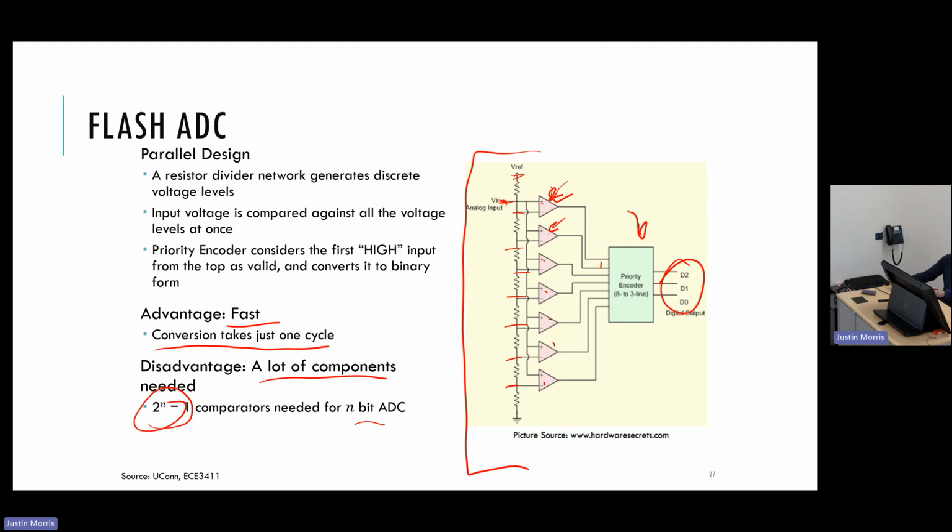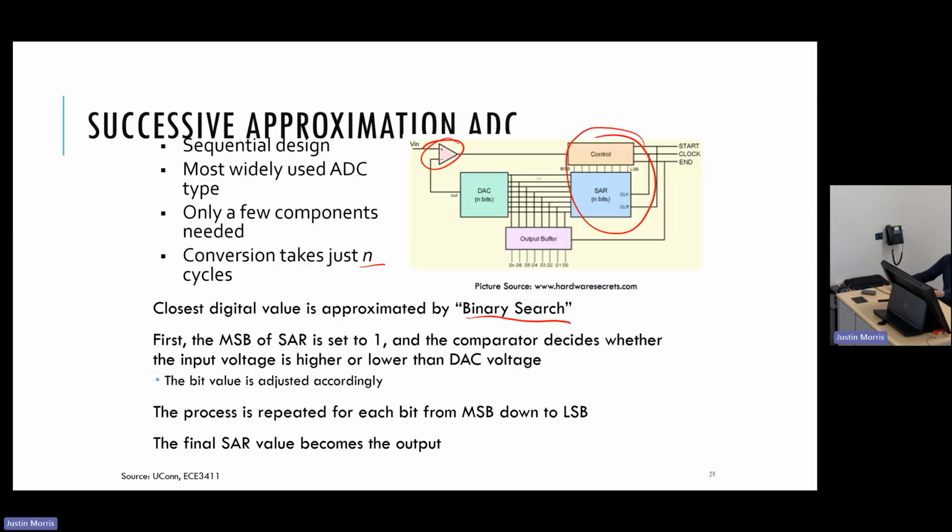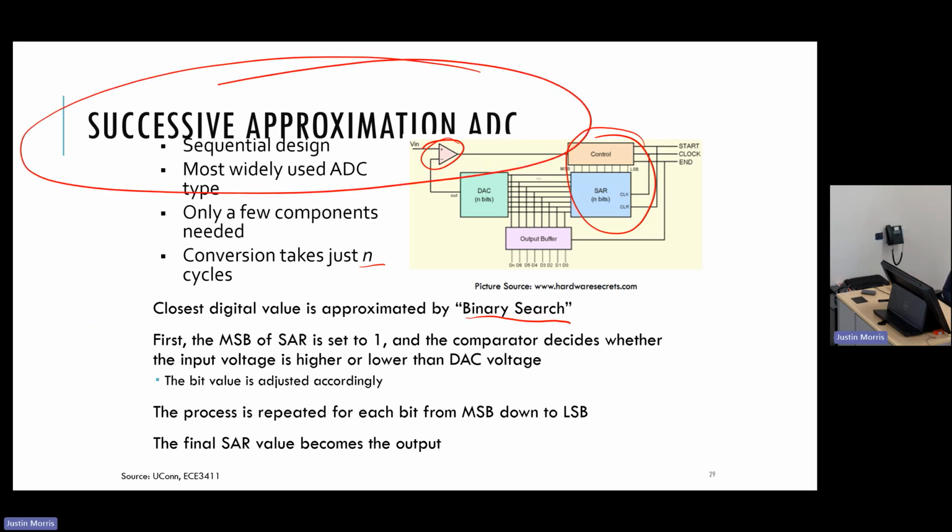Yeah. So again, using Flash or the successive. For which one do we use ADCs in this class? We do. We're using the successive approximation. So the Arduino does have ADCs in it, and the Arduino is using successive approximation ADC, but it's abstracted away from you.